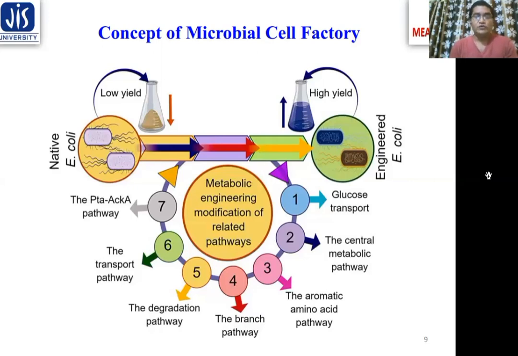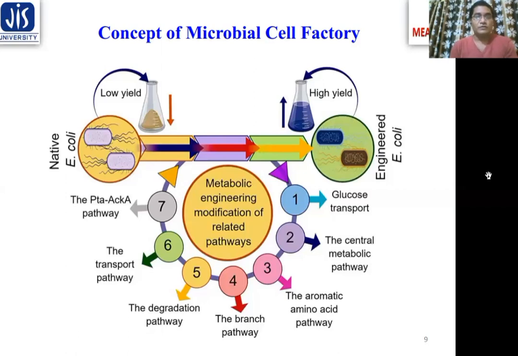Similarly, you can also knock down or knock out the branch pathways. These are called the competitive pathways. And finally, you can also introduce some degradation pathway which will allow you to break down some toxic metabolites. And finally, the transport pathway should get induced because the product that is being generated inside the cytosol or within the microorganism needs to get out, so that it can easily be separated from the cellular biomass.